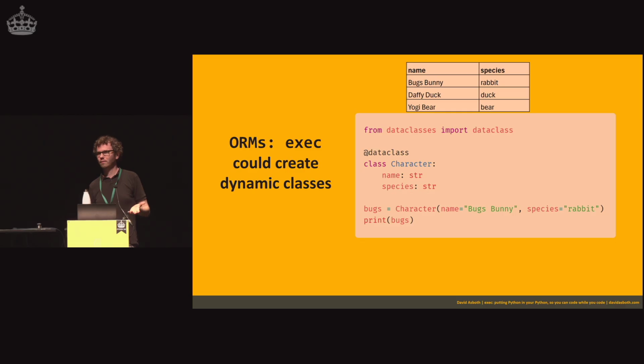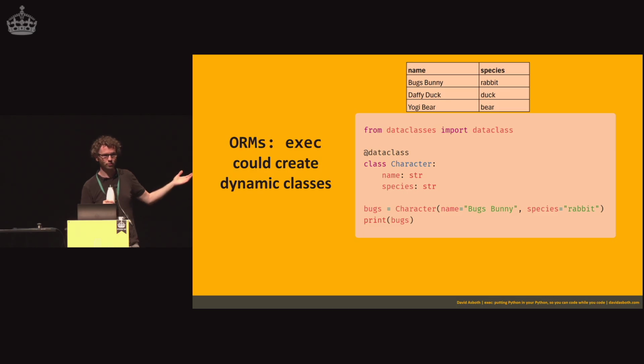Okay, the other way you might want to use this, now no ORMs actually just use exec to generate equivalent classes, but it is a place where we could conceivably use this idea of dynamically created classes at runtime.